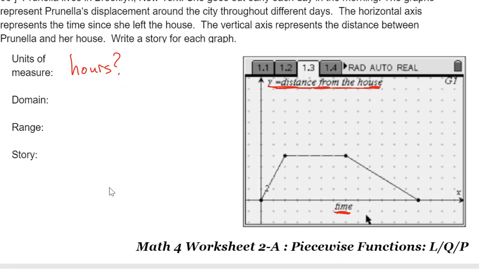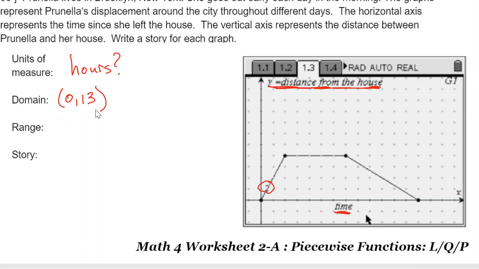All right, so the domain, in this case, 1, 2, 3, 4, 5, 6, 7, 8, 9, 10, 11, 12, 13. The domain is going to go from 0 to 13, and the range, now, I don't know if you see that or not. That's 2. So that means each notch here is worth 2: 2, 4, 6, 8.